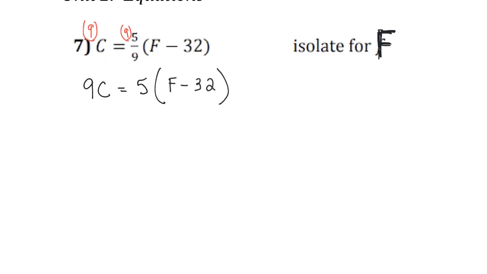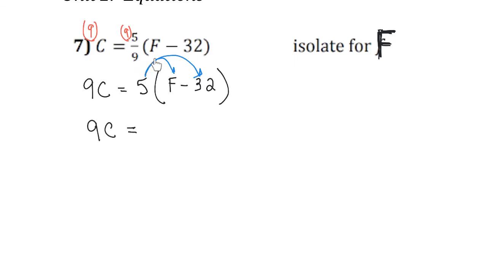All right, the next thing we need to do is get rid of the brackets. Now, this is a distribution issue. So we need to take this 5 and distribute or multiply it into the bracket. So we are going to go ahead and recopy the 9C, and now we're going to multiply.